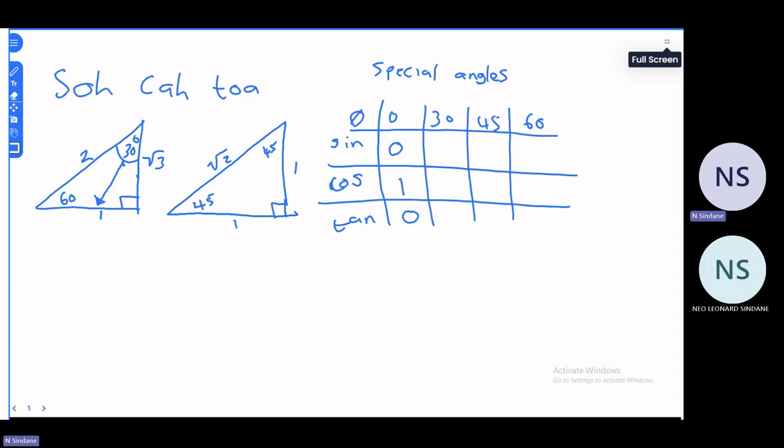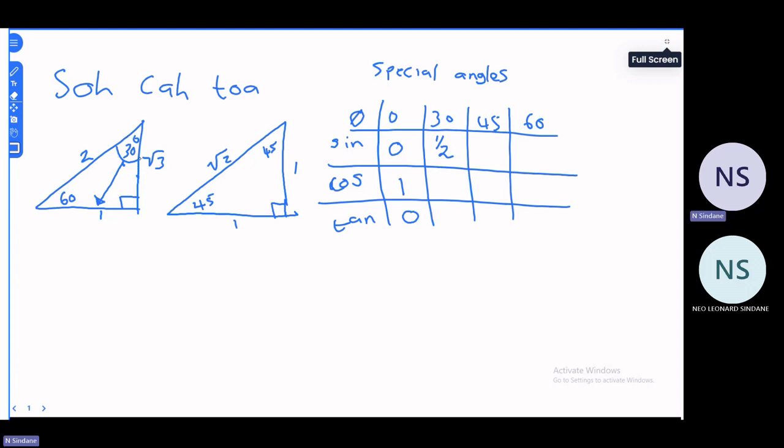SOHCAHTOA says if I'm looking for sine 30, I must have opposite over hypotenuse. My opposite in this case is 1 and my hypotenuse is 2, so I'm going to have 1 over 2 as a solution.